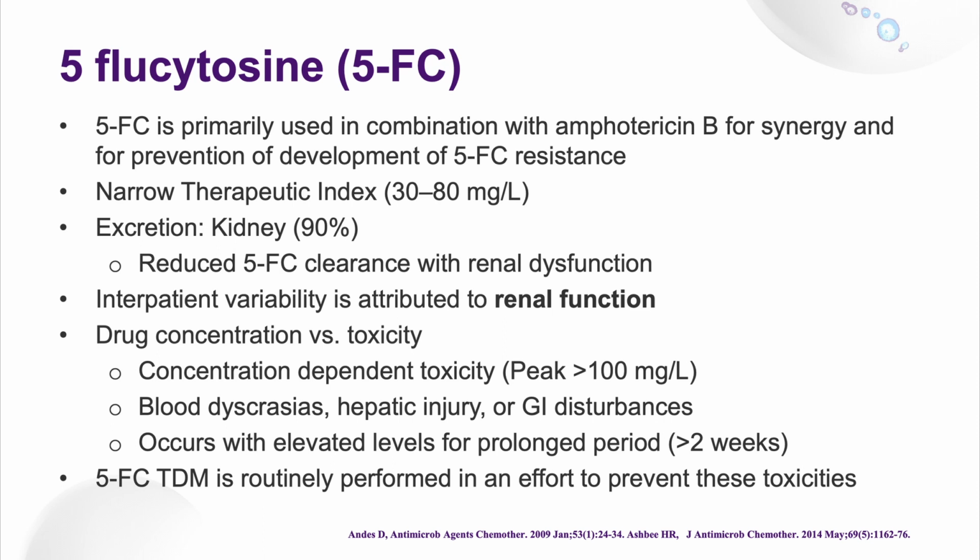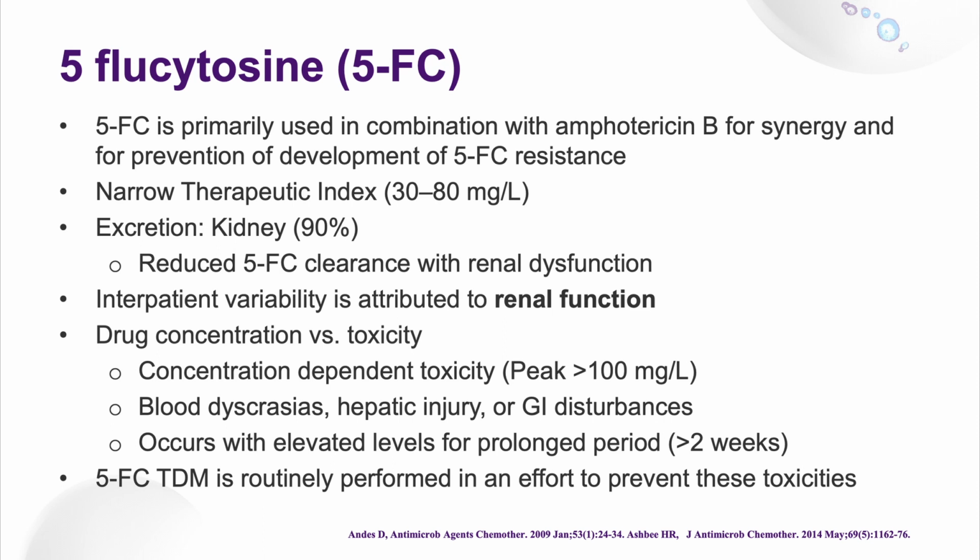The effect goes away when the level is less than 30, and if you cross more than 100 milligram per liter, then you may end up with bone marrow or hepatic toxicities. It is mainly excreted by the kidney, so it is also very useful for the treatment of renal infections.